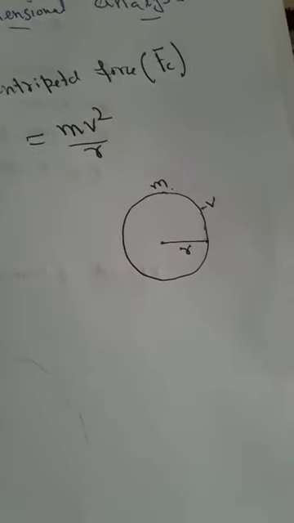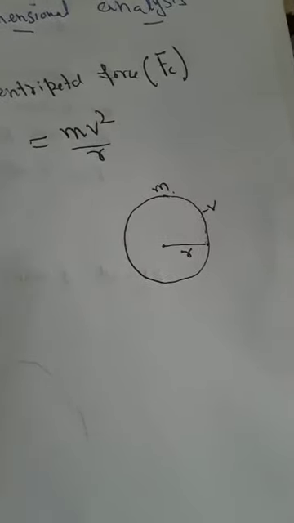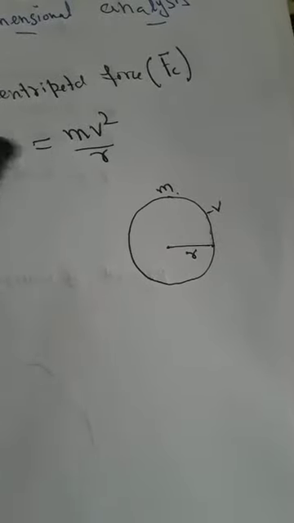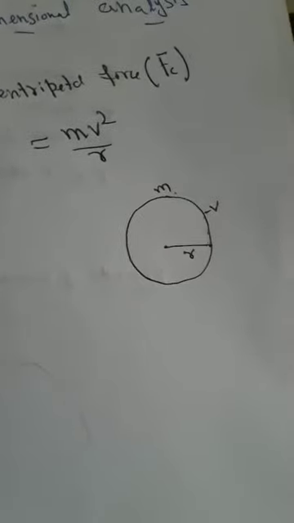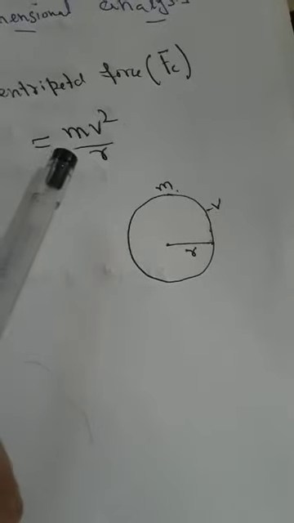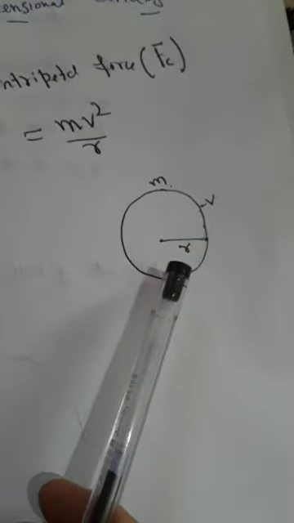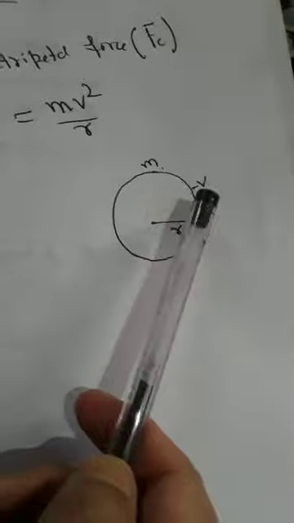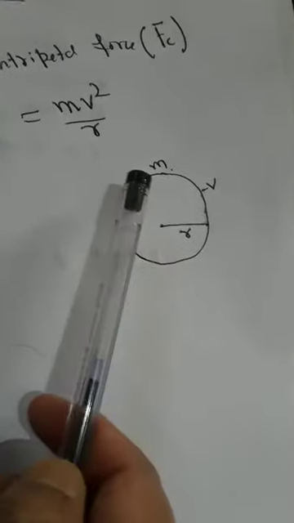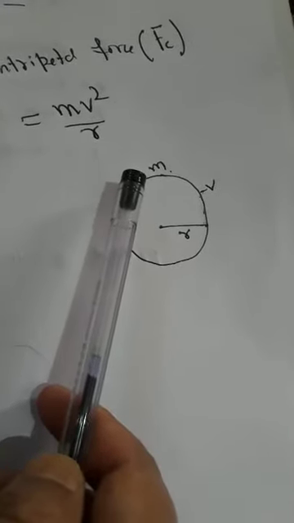But first of all we have to derive this formula. We do not know it is equal to mv squared divided by r; we have to derive it. How does it depend upon the mass, velocity squared, and inversely proportional to radius? First of all, centripetal force is supposed to depend upon the radius, the velocity of the body, and the mass of the body.